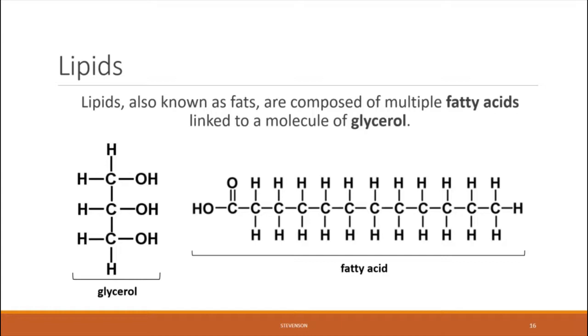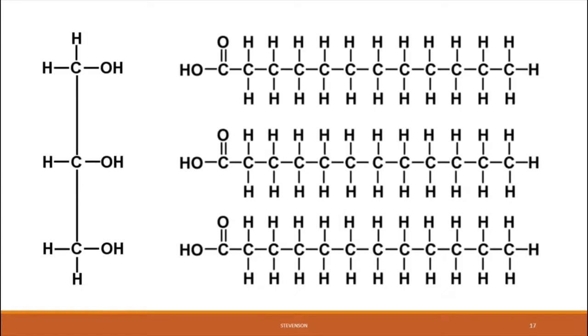So when we talked about carbohydrates, we looked at how 2 separate glucose molecules could come together in a dehydration reaction to form the beginnings of a carbohydrate chain. We're going to do the same thing here with lipids. We're going to look at the making of a type of lipid called a triglyceride, which is the common type of lipid that is found in your body that stores fat.